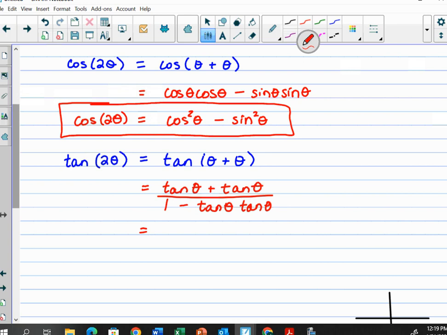All right, so in the numerator, what is tangent of theta plus tangent of theta? 2 tangent of theta over 1 minus what? Yes. All right, that is tangent of 2 theta.